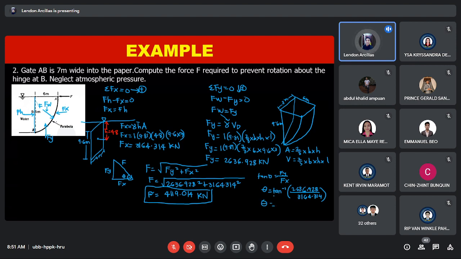So that is the location of the hydrostatic force. So that is tangent theta equal to 2636.314. So that is 39.806 degrees from the horizontal.